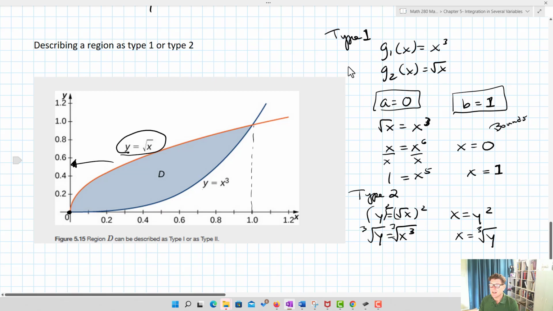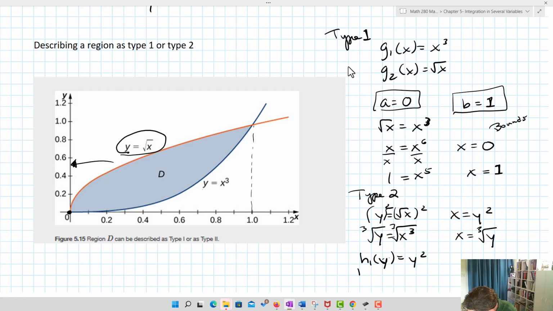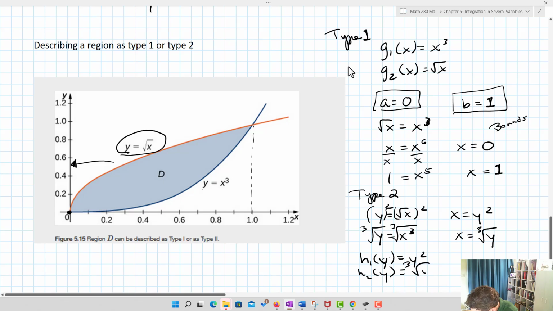So notice the relative position of the two functions. Like g1 of x before was x cubed and g2 of x was square root of x. We're now going to have that h1 of y is going to equal y squared, and h2 of y equals the cube root of y.